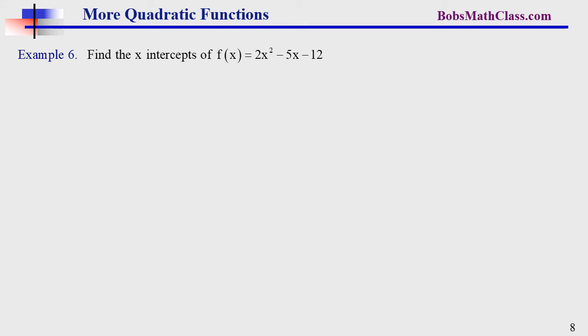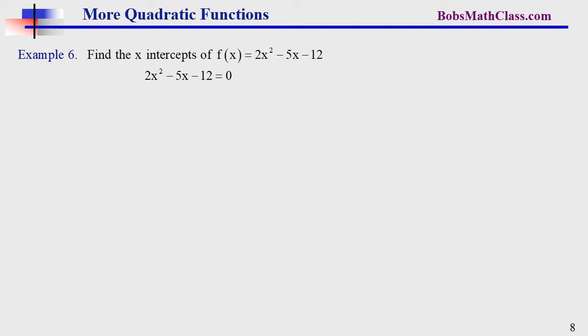Okay, here's our first example. Find the x-intercepts of f of x equals 2x squared minus 5x minus 12. First thing is set it equal to 0. So we just set it equal to 0: 2x squared minus 5x minus 12 equals 0. We've done this before. We need to factor it.